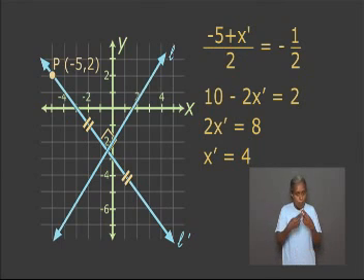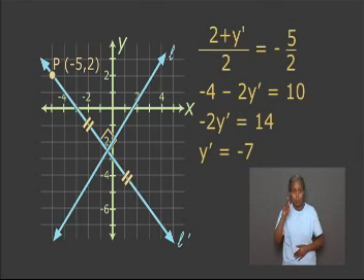If we multiply each side by -2, we find that 10 minus 2x prime is equal to 2. So 2x prime is equal to 8, meaning that x prime is equal to 4.